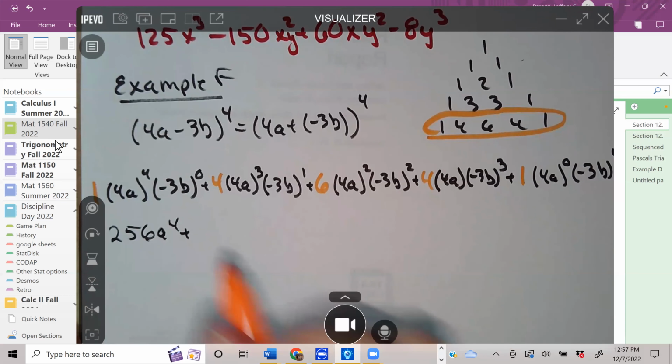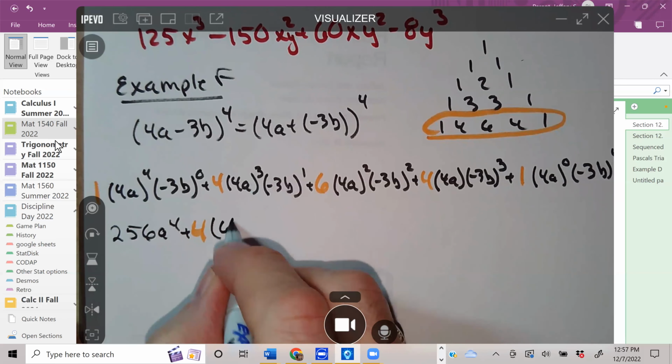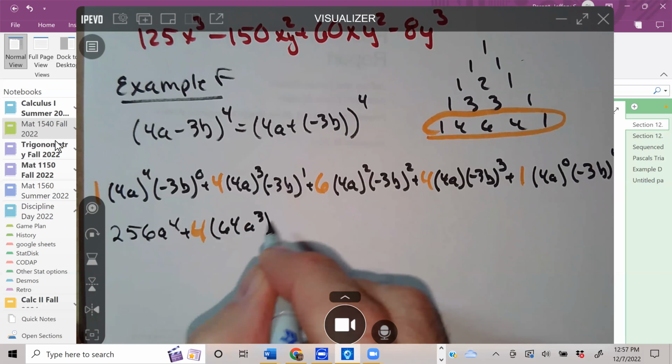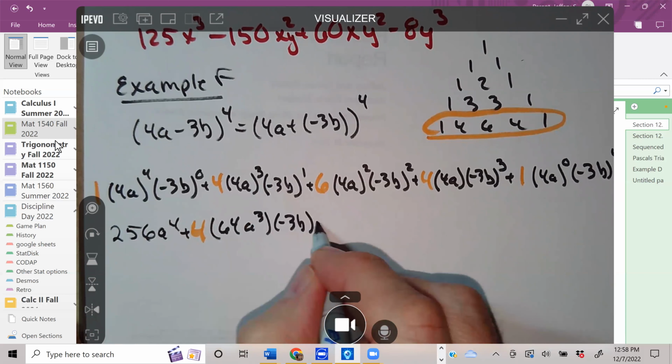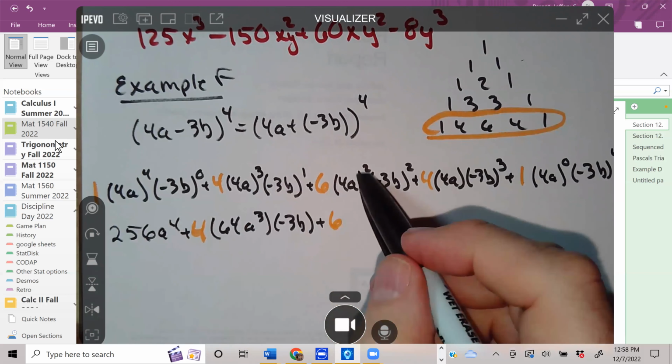And let's do it kind of slowly here. 4 cubed is 64, a to the 3rd power times negative 3b, plus 6. And here I've got to work with both terms.